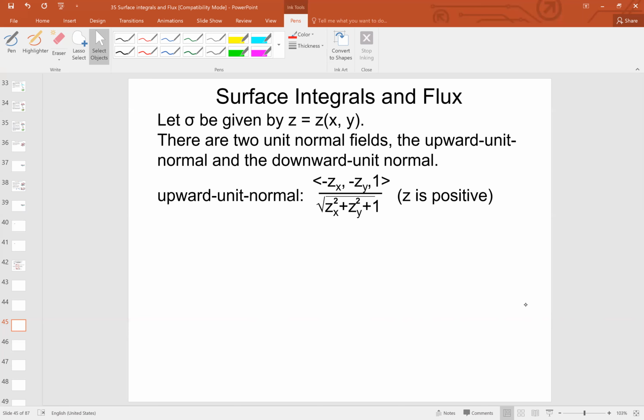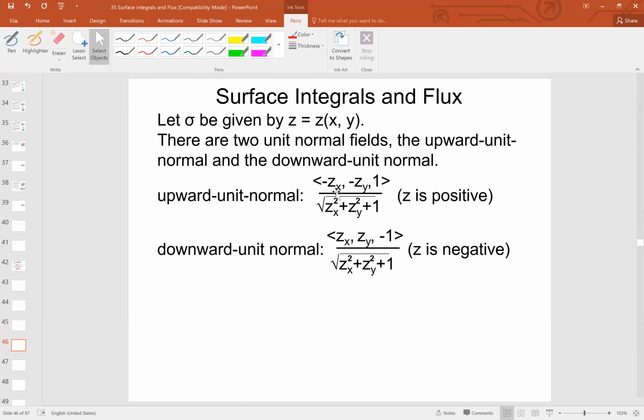Sometimes we call this pointing up, hence it's called upward, because the z component is 1. This is the unit normal. And if you switch all the signs around, it will be the opposite direction, the downward unit normal for the surface.